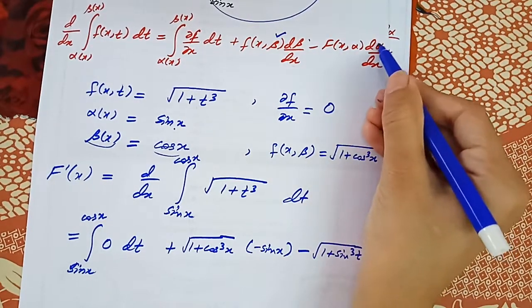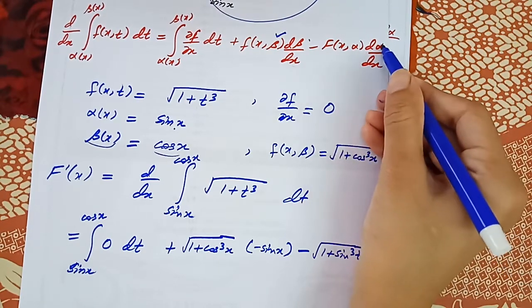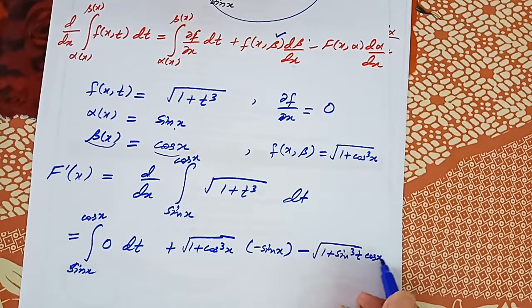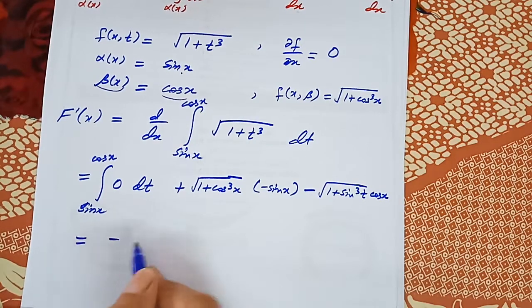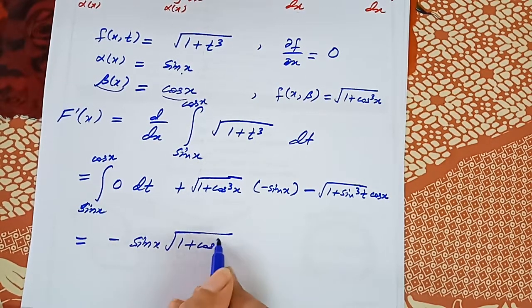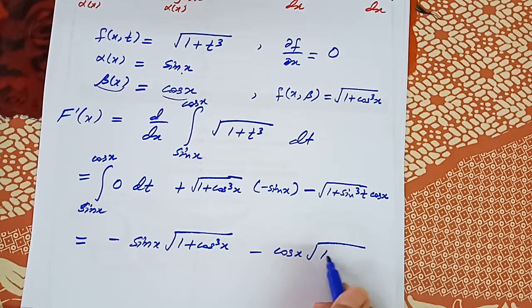Now find the derivative of alpha with respect to x. So the derivative of alpha with respect to x is just cosine of x. Now we need to just simplify it. So we'll get minus sine of x square root 1 plus cosine cube of x minus cosine of x square root 1 plus sine cube of x.